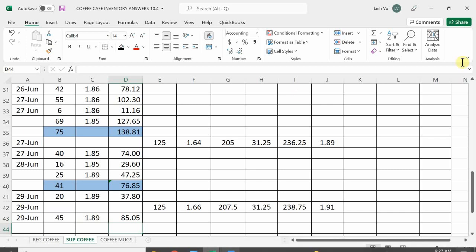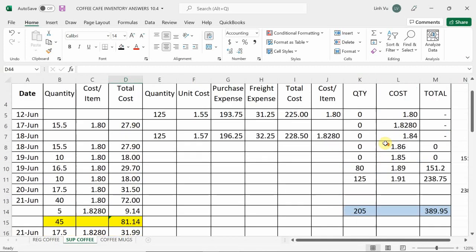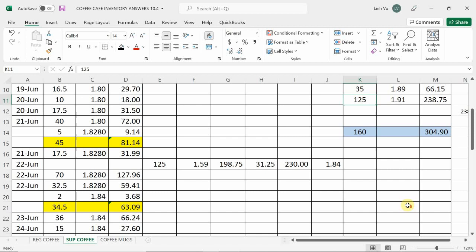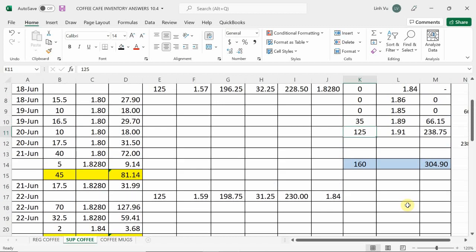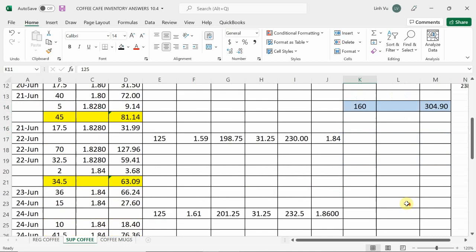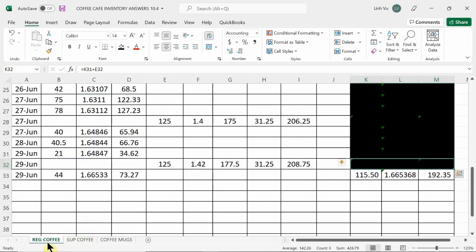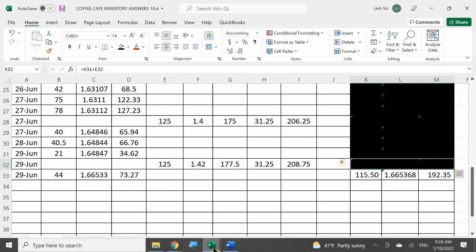So let's update our inventory here. If I had 80 pounds minus 45 pounds, I should have $66.15 left from this batch, with a grand total right here of 160 pounds at 304.90. So here we got 85.05 for the Supreme and 73.27 for the regular.